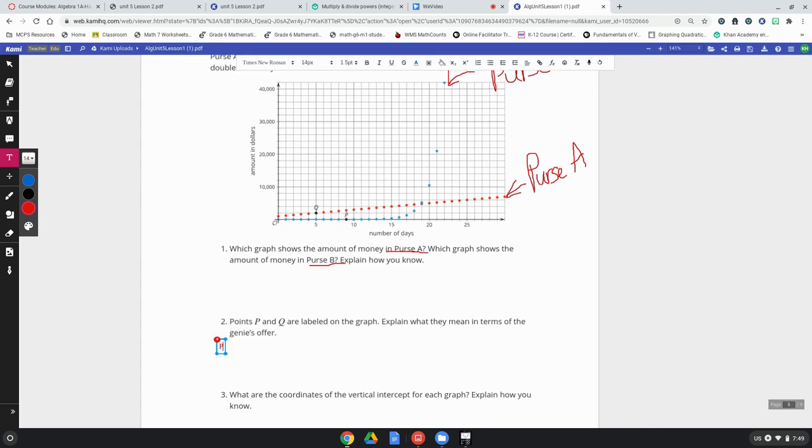So point P is the amount of money in purse B after 9 days. Whereas point Q is the amount of money in purse A after 5 days.